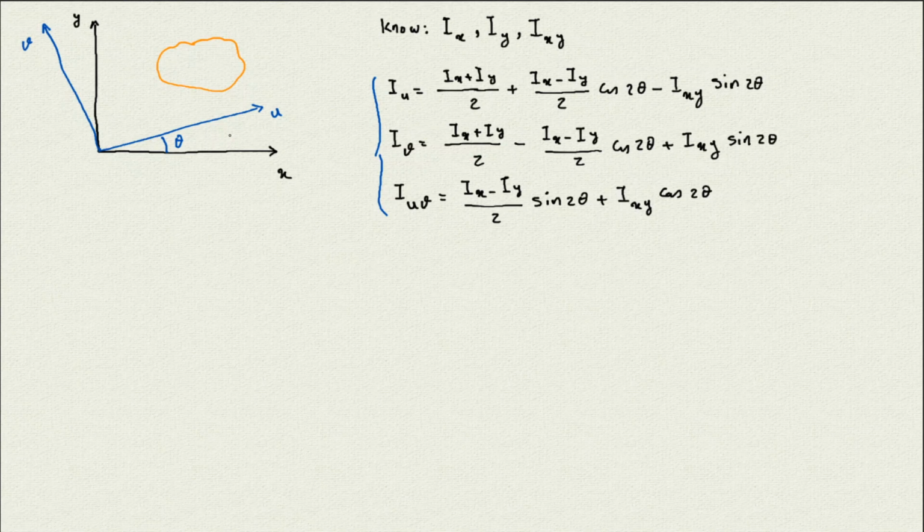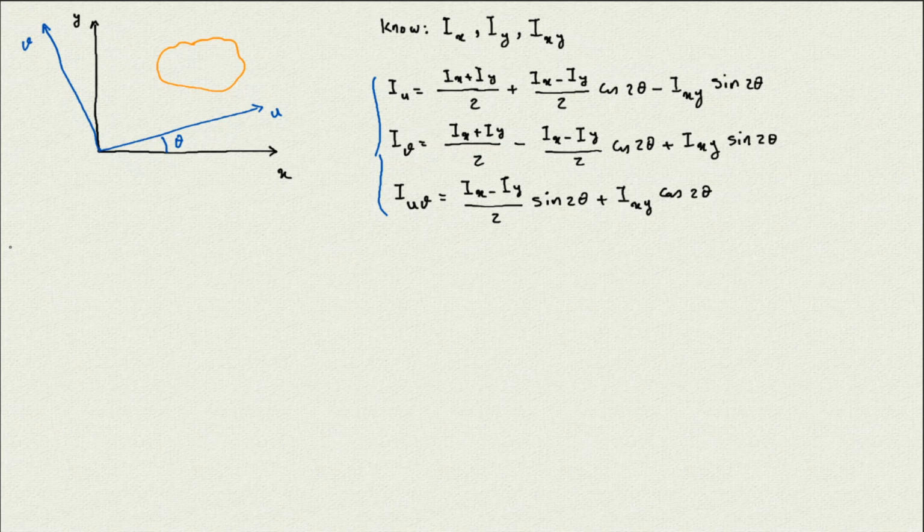One of them is going to be the maximum moment of inertia, and the other one is going to be the minimum moment of inertia. So one more time, if I start theta from 0 and keep rotating it and calculate the moment of inertia for all the angles, we would find two angles for which the moment of inertia is going to be minimum and maximum.